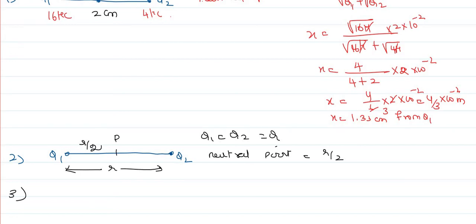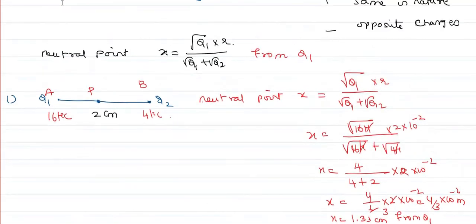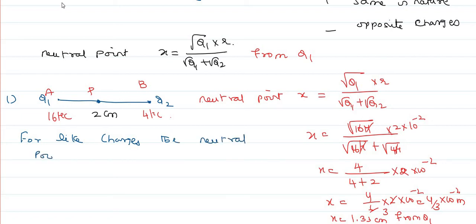So the next one is unlike charges. In like charges, the neutral point lies in between the charges, that is, an internal point on the line joining the charges, right?